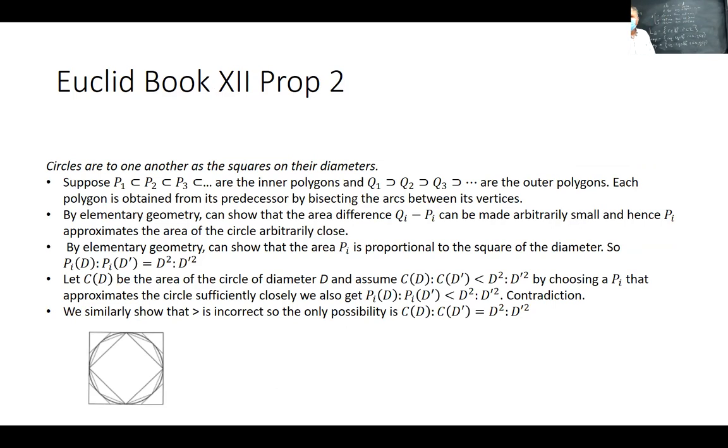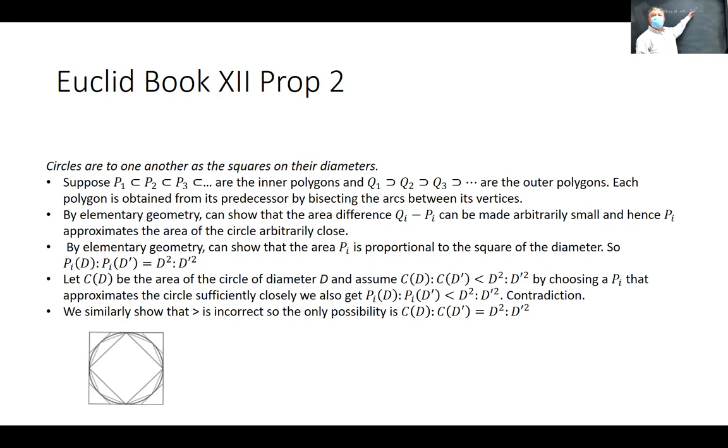So this is Euclid book 12, proposition 2, which says circles are to one another as the squares on their diameters. Okay, so what does that mean? That's just saying that the area of a circle equals k times d squared.